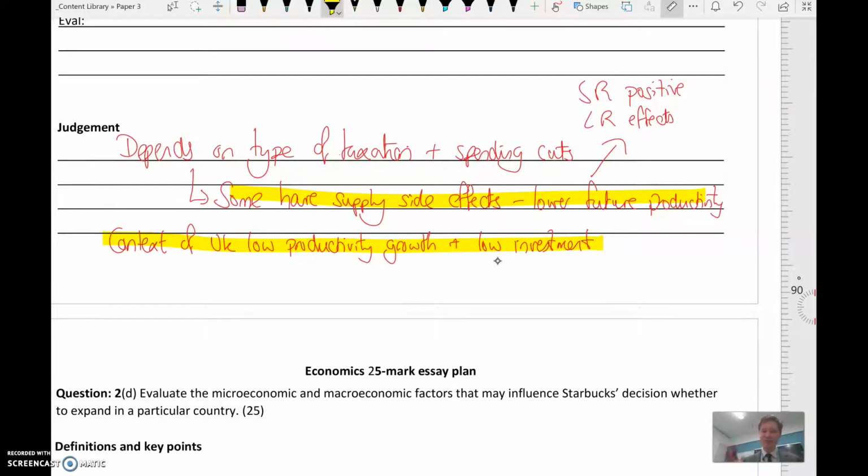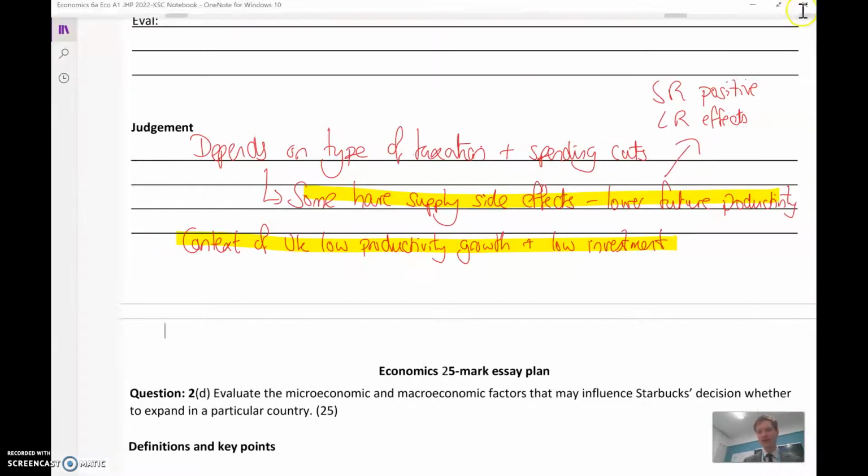So I think you can really come down on a judgment and say, you know what, productivity here is the most important thing, and we should not prioritize the short run fiscal deficit for productivity losses in the long run. Hope that made sense.